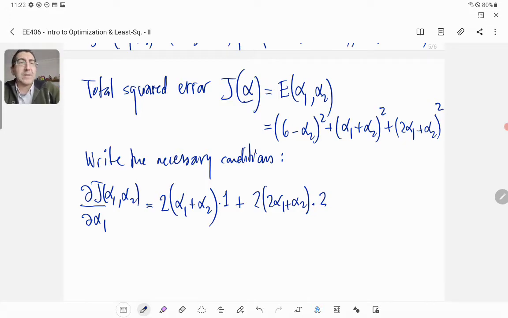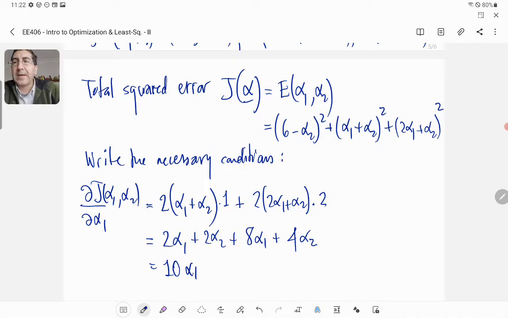Let's expand that. We have 2 alpha 1 plus 2 alpha 2 plus 8 alpha 1 plus 4 alpha 2. So how many alpha 1s? 10 alpha 1 plus 6 alpha 2 is equal to 0. If I simplify this, it's going to be 5 alpha 1 plus 3 alpha 2 is equal to 0.